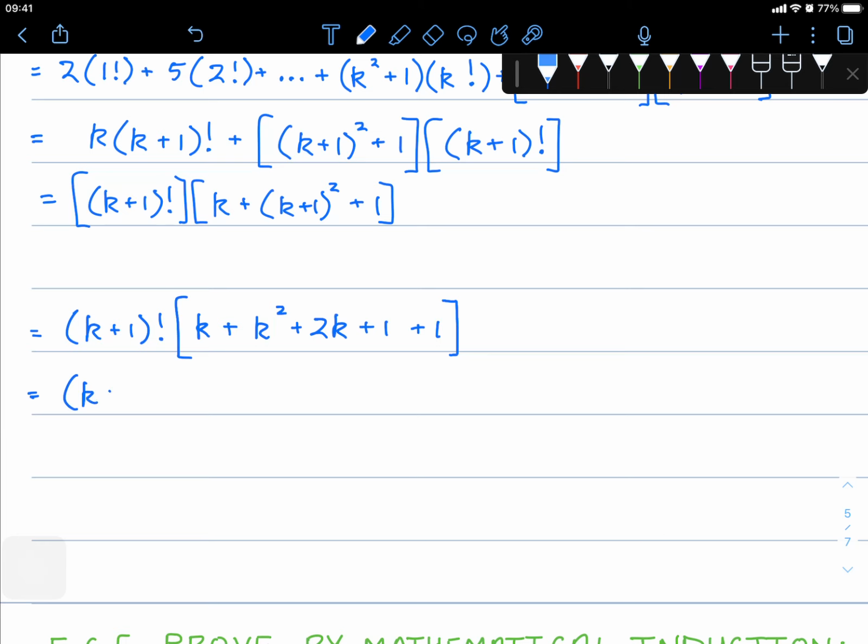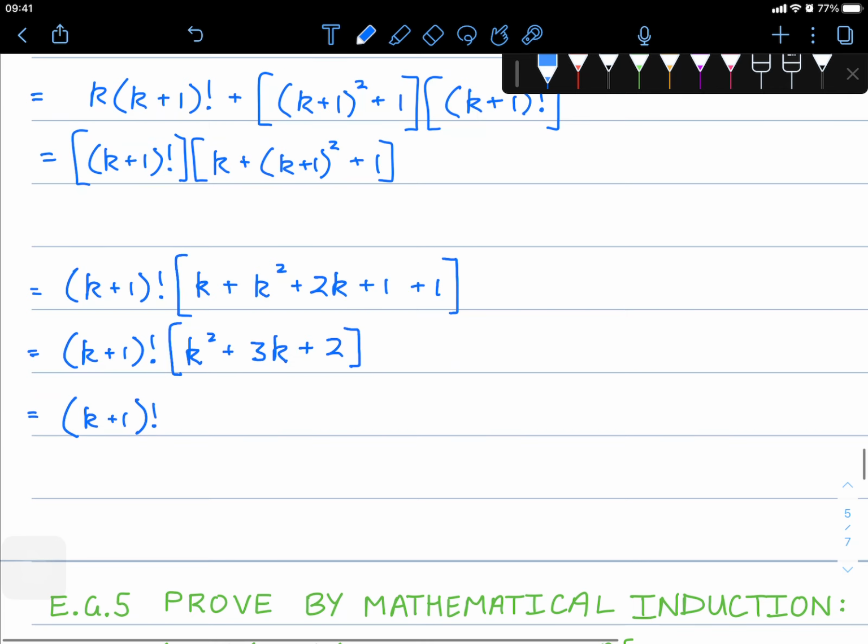Collecting like terms, k squared first plus 3k plus 2. Now we can factor this into k plus 1, k plus 2.